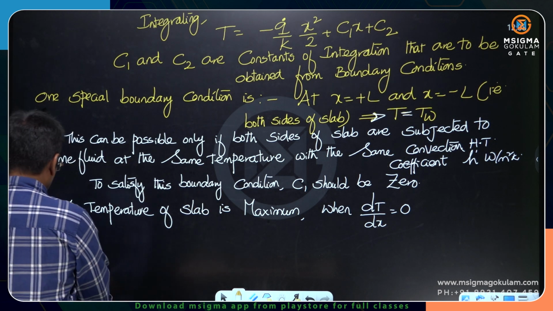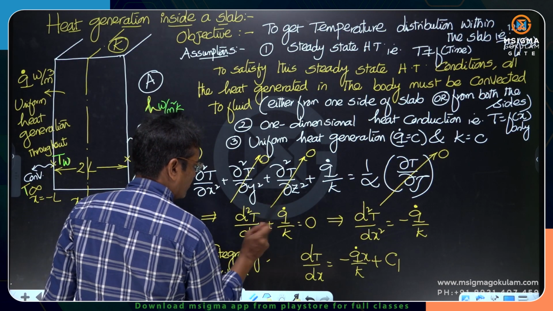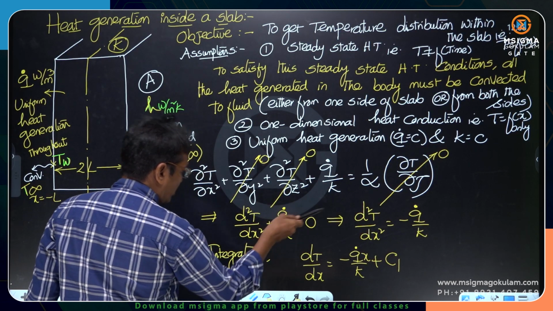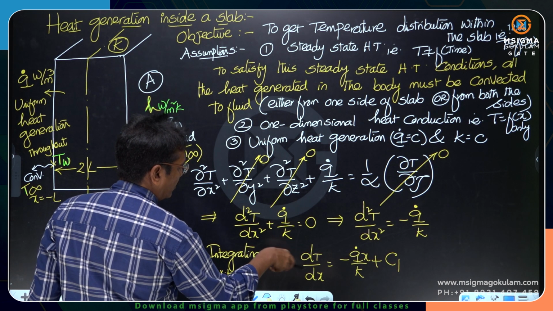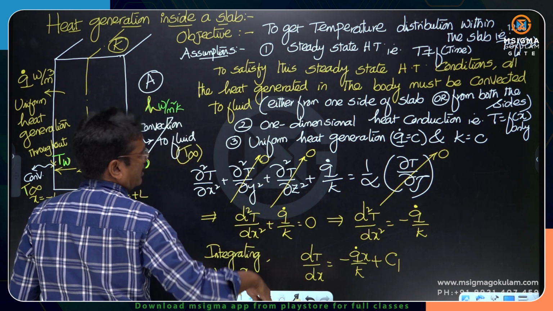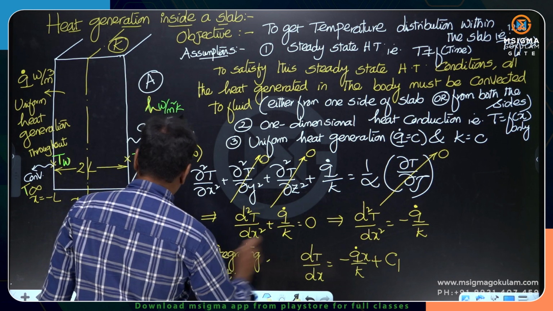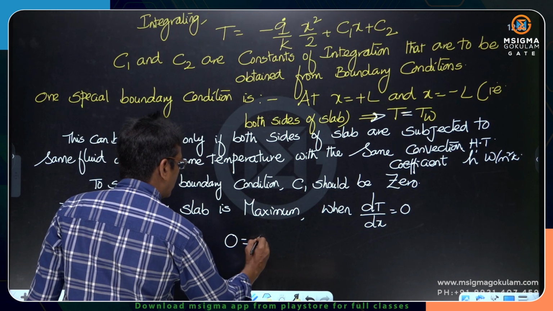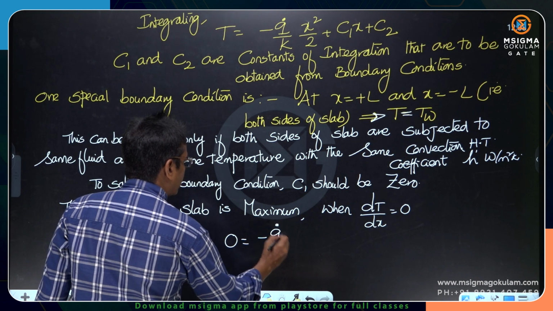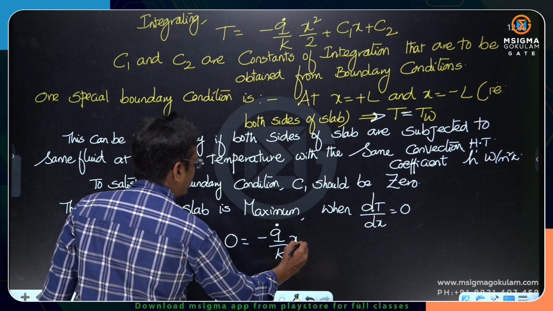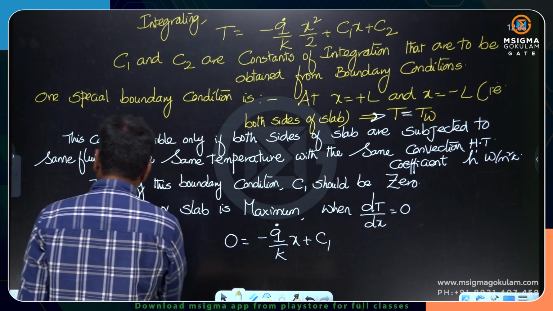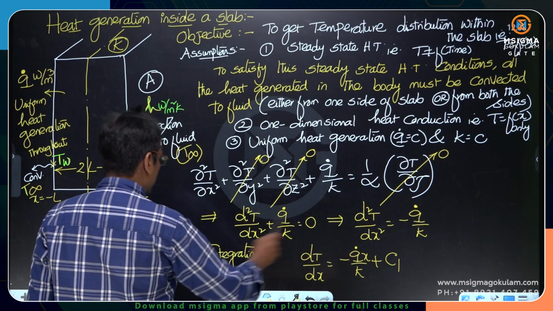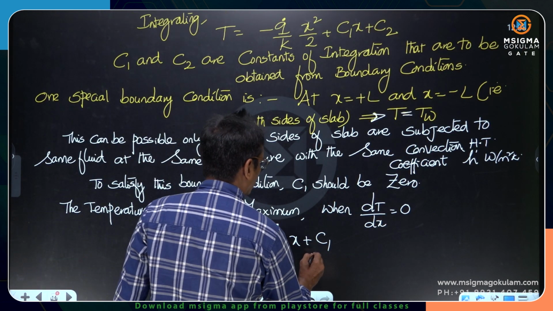So look at that, where is the dt by dx here? I am substituting dt by dx equal to 0 here to get that location where the temperature is maximum. So 0 is equal to minus q dot by k into x plus C1. C1 has already become 0.